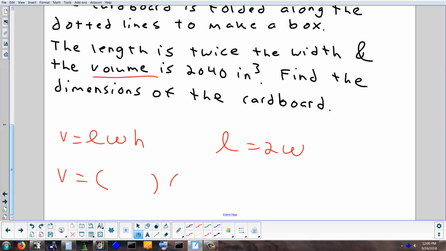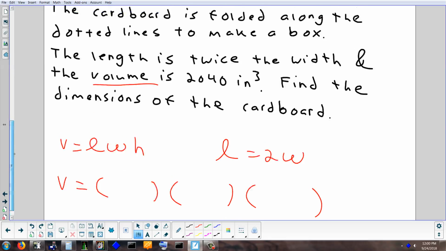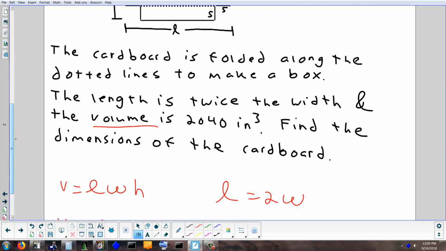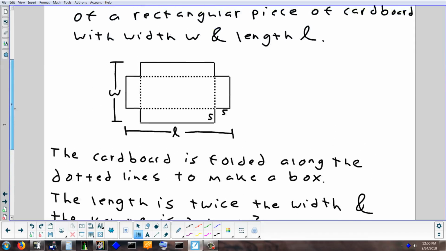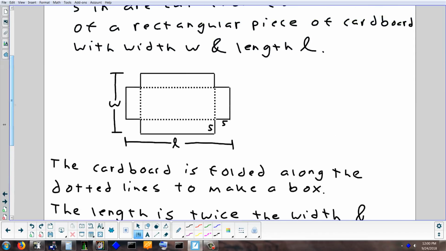Now, let's see if we can write the formula for the length times the width times the height of my folded tray. So the original length from here to here is L. But you're cutting out corners.